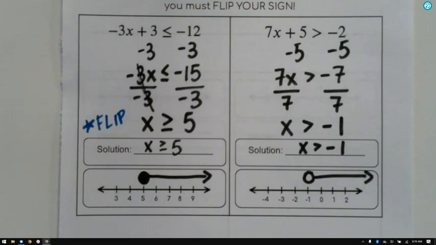Okay, any questions right now? Okay, go ahead and flip this over then.